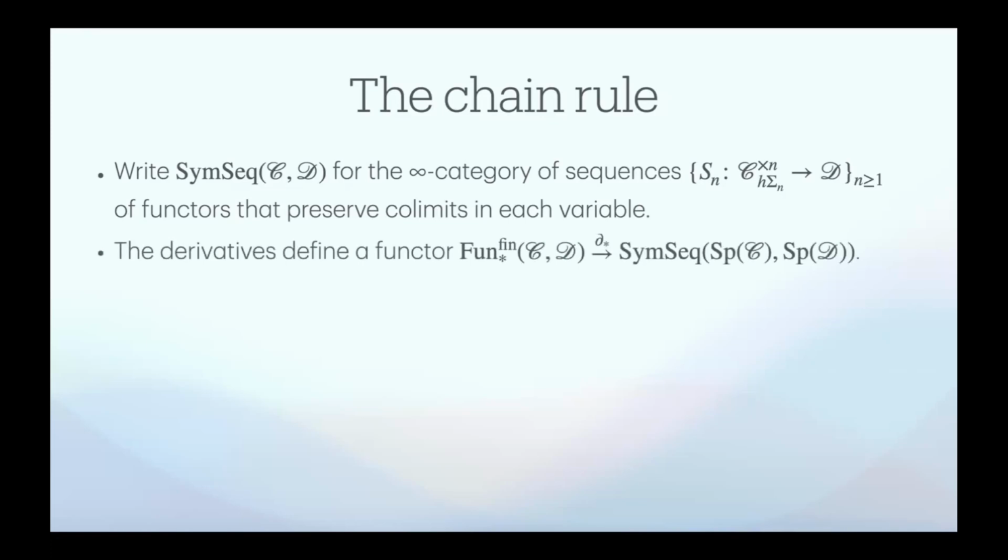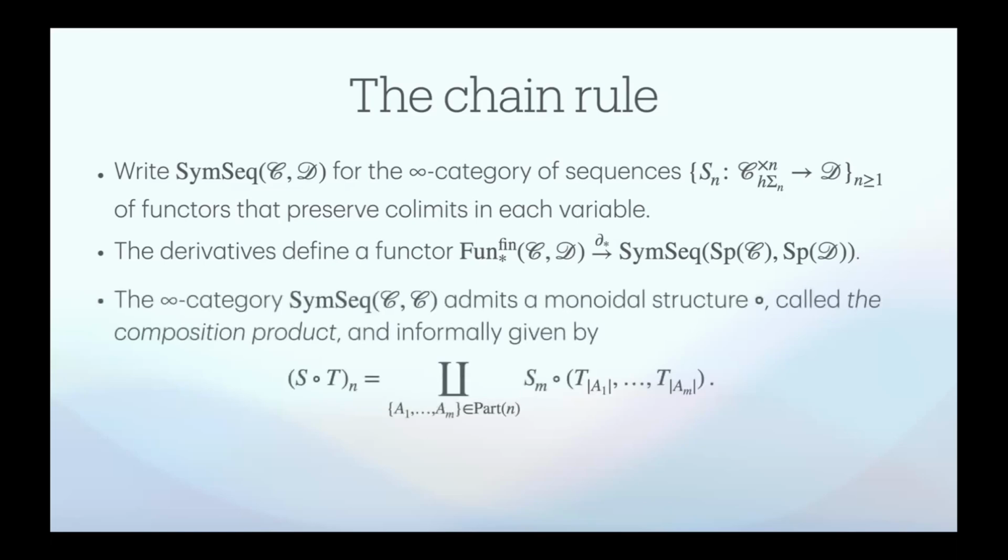By what I said about the derivatives, the derivative takes a finitary reduced functor and outputs all these different functors of many variables. So we can package this into one functor between these two categories.